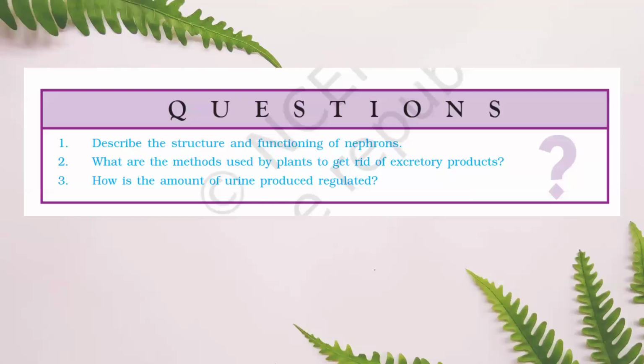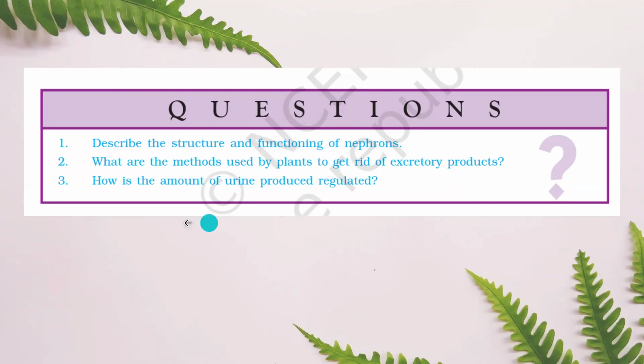By the process called transpiration, the stomata help, and along with that, other waste material is removed through the leaves, and plants remove waste in the form of gums and resins, which are stored in the old xylem and vacuole also.